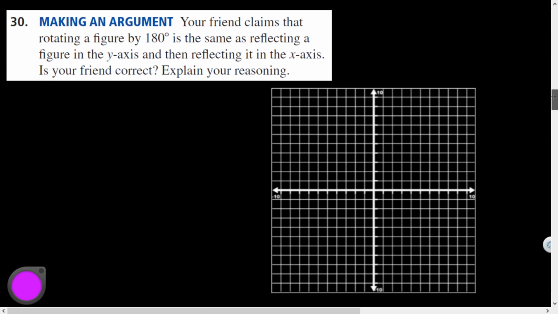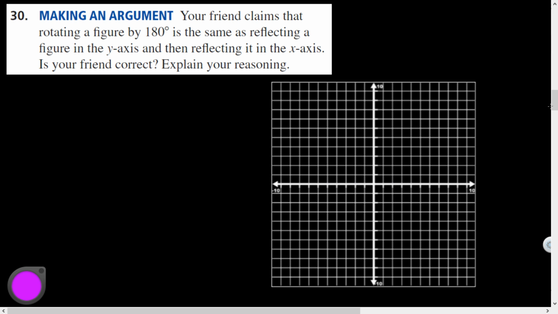All right, now for some kind of conversational discussion piece here. Making an argument. Your friend claims that rotating a figure by 180 degrees is the same as reflecting a figure in the y-axis and then reflecting it in the x-axis. Let's pick a point. Let's do 2, 5.